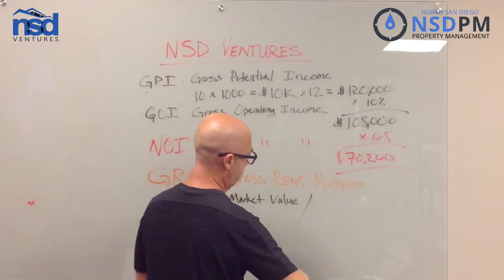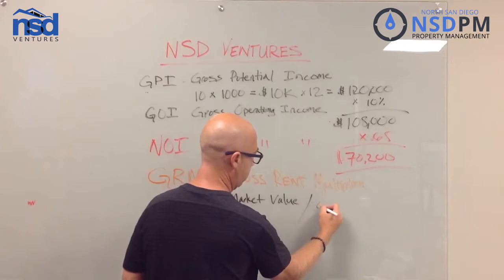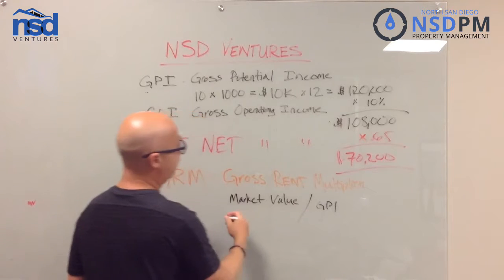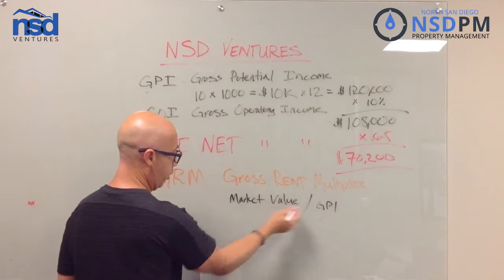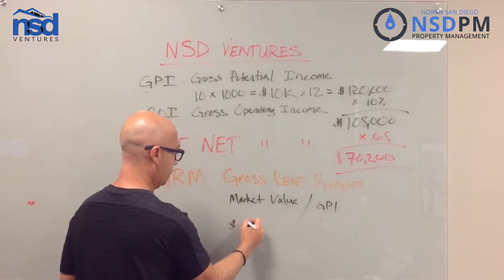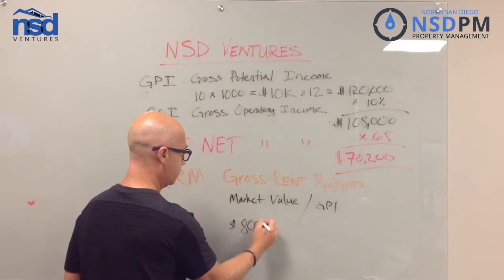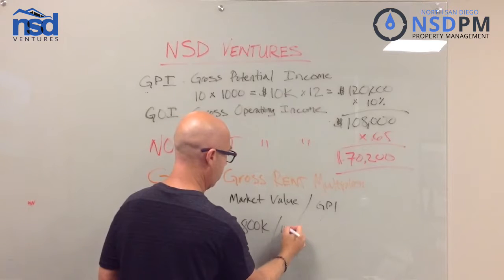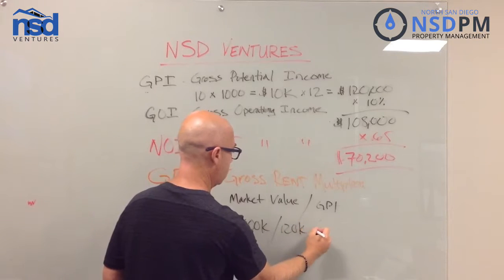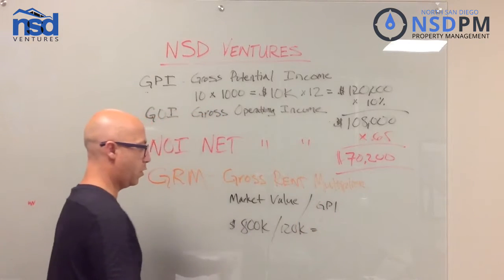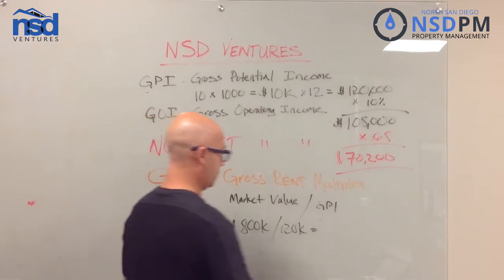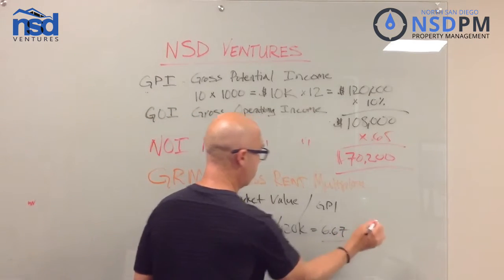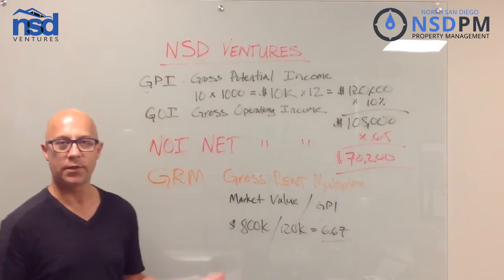So we're going to divide that by 120,000. Let's just say the market value of this property is 800,000. We're going to divide it by 120,000. This should spit out a number, I believe it was 6.67. So your GRM would be 6.67.